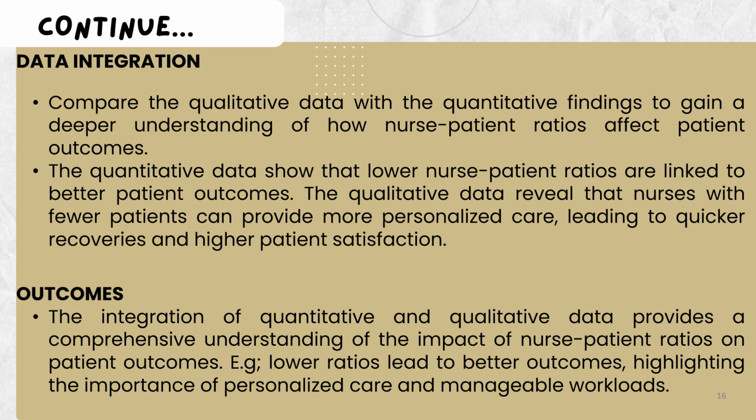Therefore, the outcome for this example is that the integration of quantitative and qualitative data provides a comprehensive understanding of the impact of nurse-patient ratios on patient outcomes. For example, lower ratios lead to better outcomes, highlighting the importance of personalized care and manageable workloads.